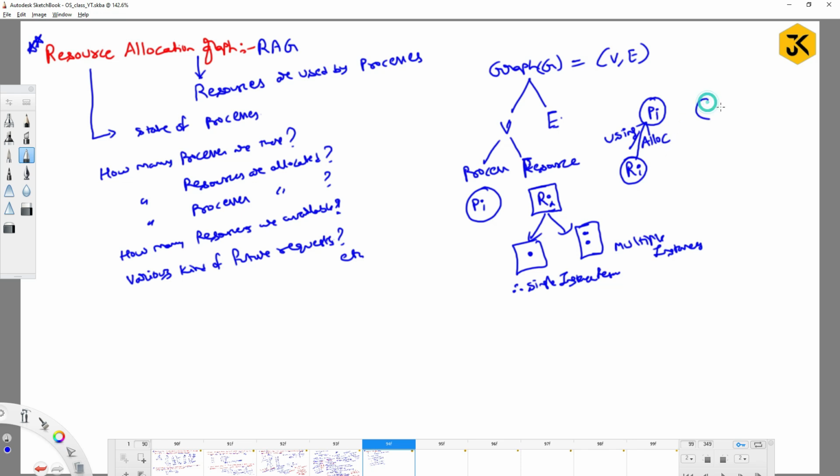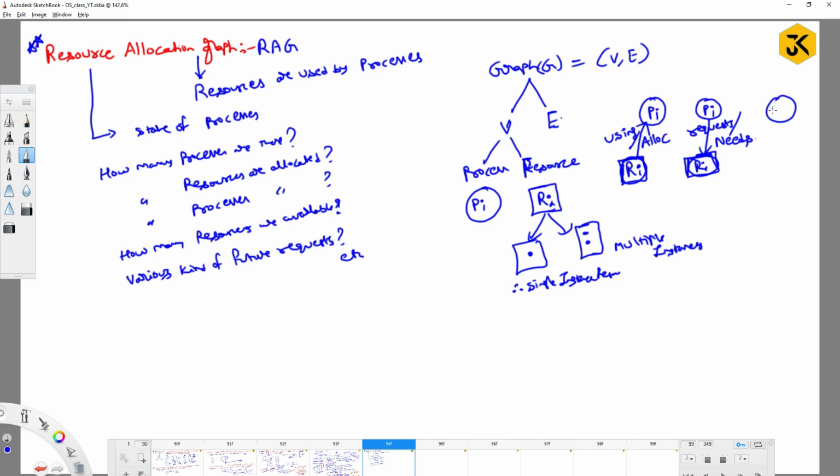Okay. So for example, there is a process Pi and an arrow like this. Sorry, I have to represent the resource as a square shape. This is Ri, also a kind of resource. Now what does this mean? Process Pi requests Ri, or process Pi needs Ri.